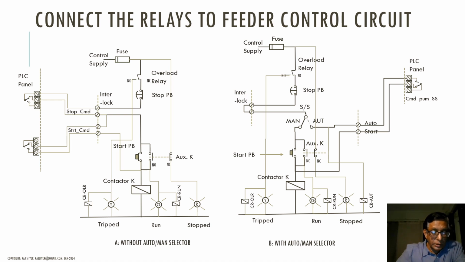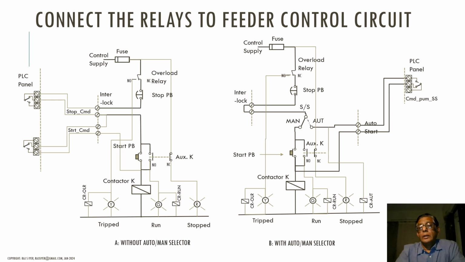Whenever the yellow indicating lamp is lit, it shows that the overload relay is tripped. It will correspondingly activate the CROLR relay and its potential free NO contacts are taken into the PLC's DI. So also the run signal is driven by the NO contact of the contactor, named CR run.